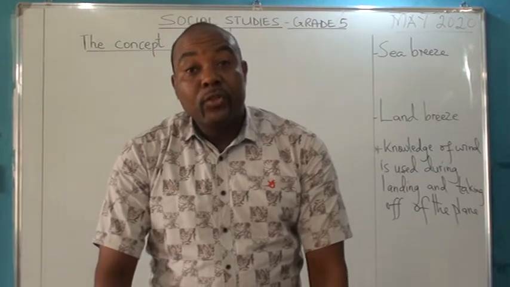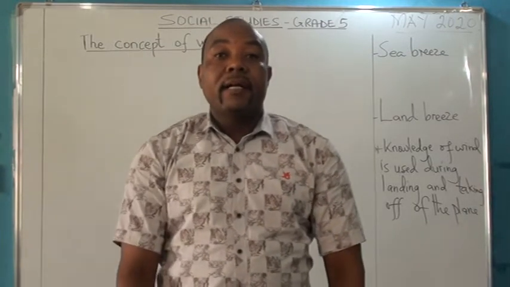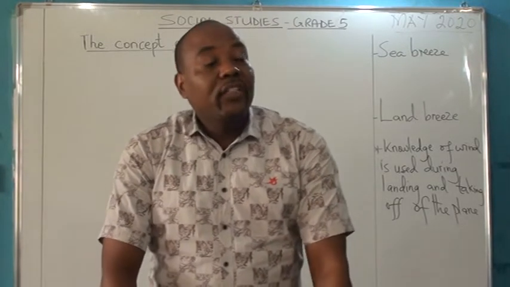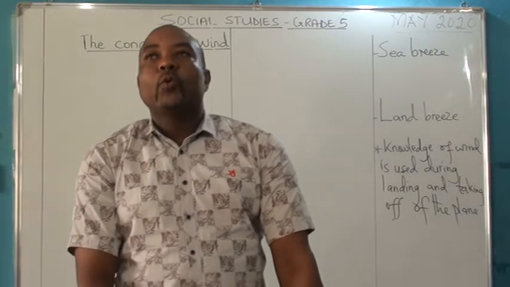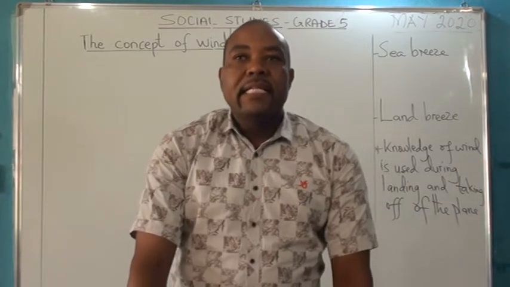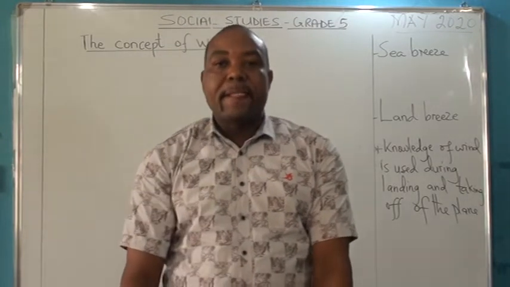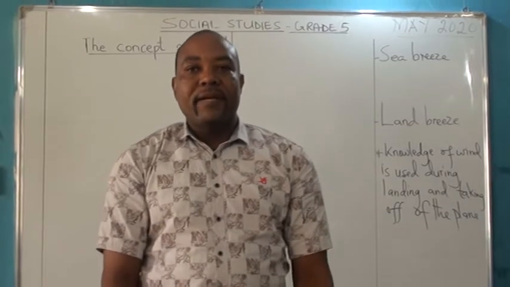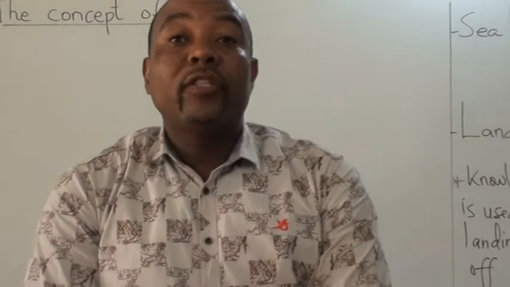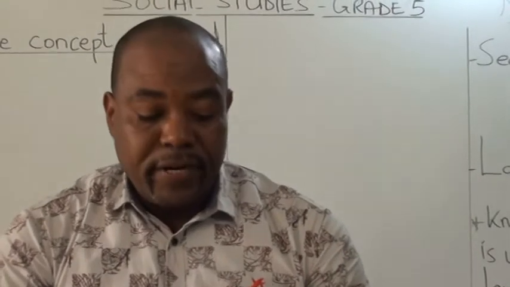I also told you about the elements of weather, and we said that there are 7 elements, namely temperature, rainfall, pressure, wind, cloud cover, sunshine, and humidity. And we also mentioned the instruments that are used to measure those elements or components of weather.